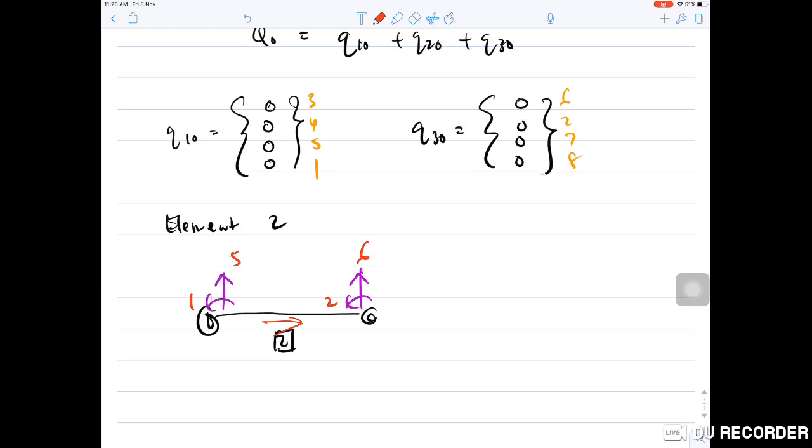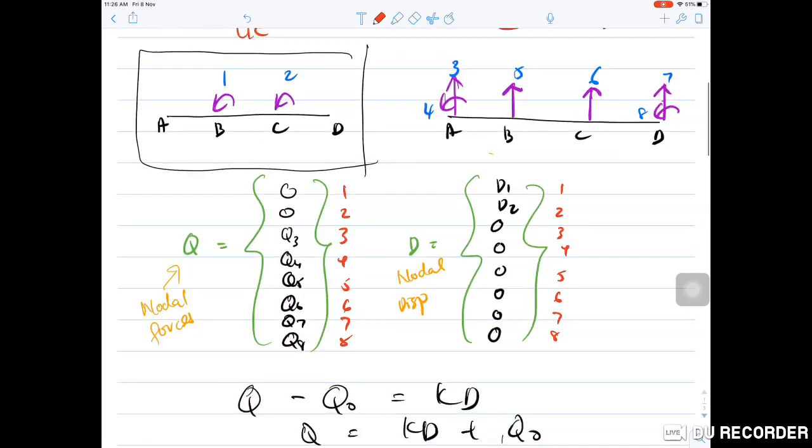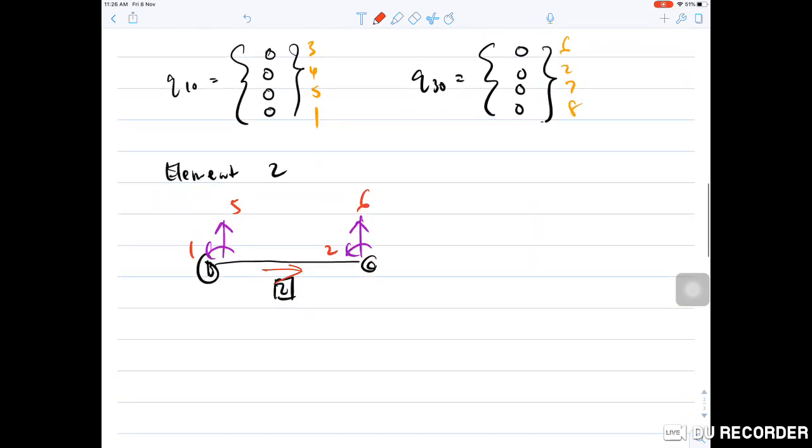Okay, to determine the Q2 naught value, since it is subjected to a UDL, we refer to appendix page 3 for fixed ended beam, UDL like this.